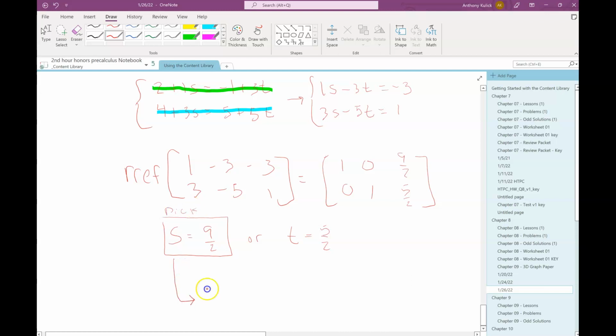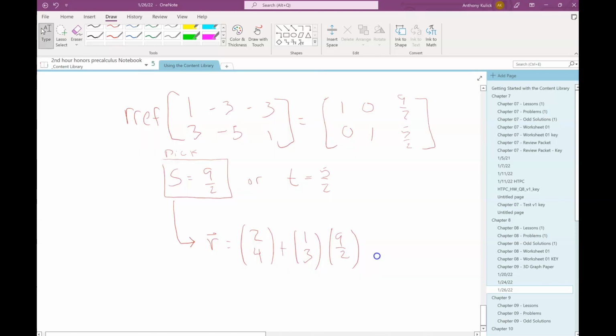All I'm going to do now is go back to my vector equation for the line that includes the s parameter, and perform the simplification.